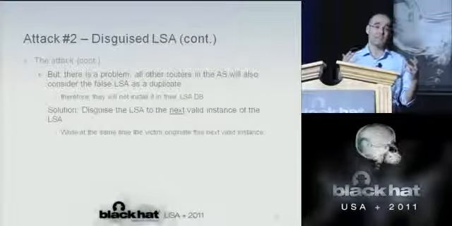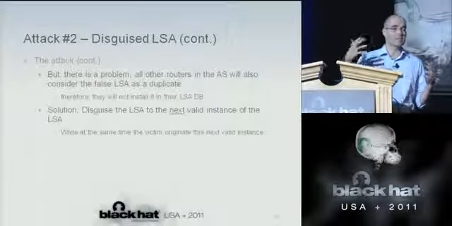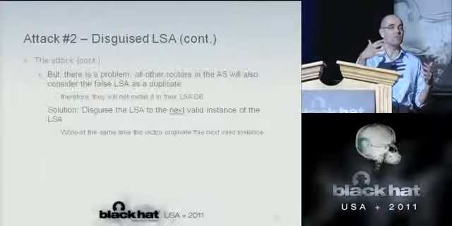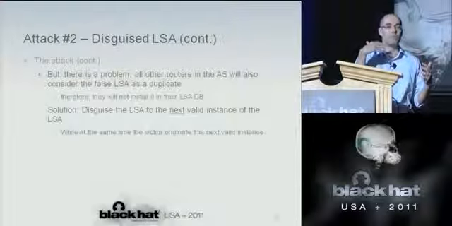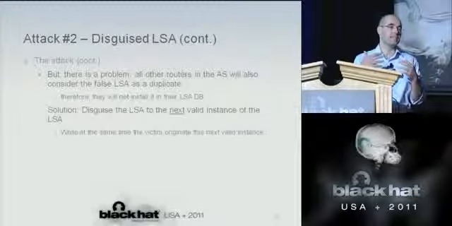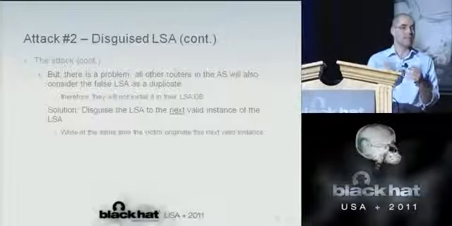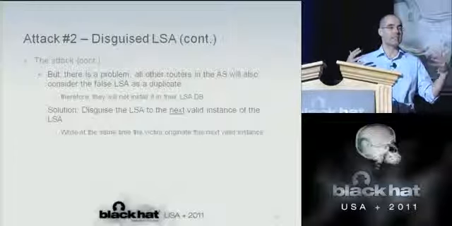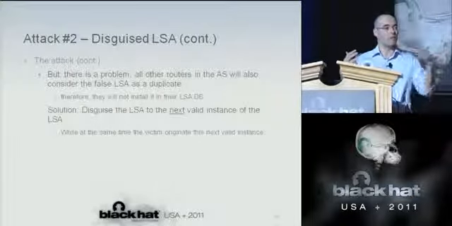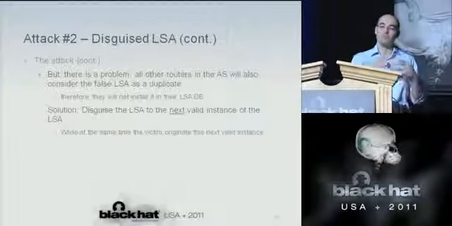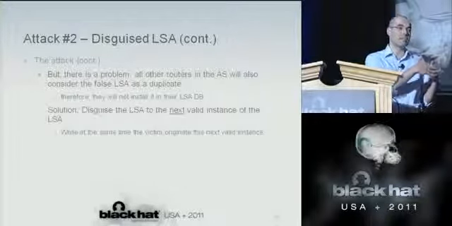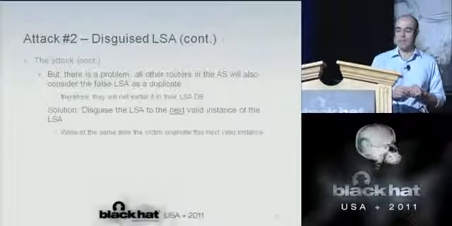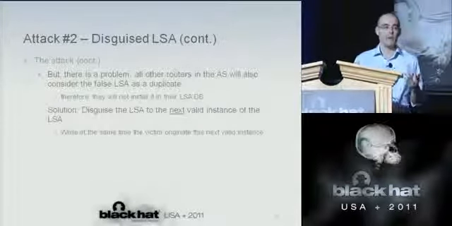So if we flood the disguised LSA throughout the network, all the routers will install it, since it is disguised as the next valid instance of the valid LSA. And if the next valid instance is simultaneously sent out, then when the disguised LSA reaches the victim, it will regard it as a duplicate, and no fightback will ever occur.